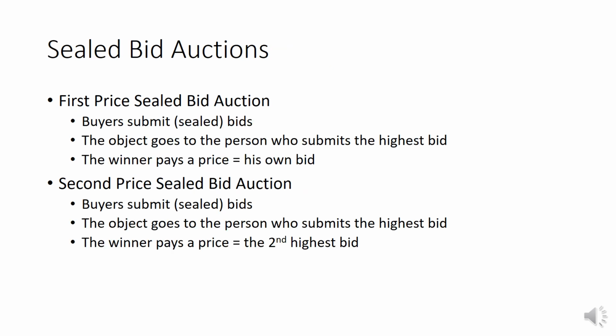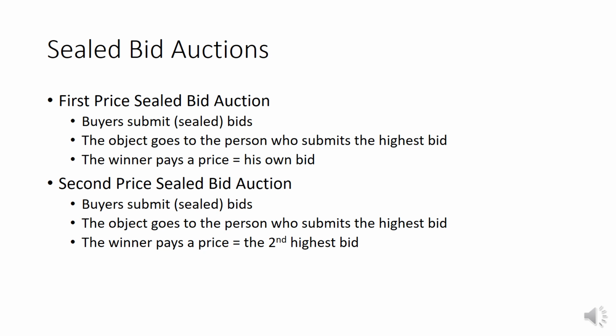All right. So we talked about these open outcry auctions. They can be price ascending, English oral, or they can be price descending, Dutch, reverse auctions. There's also a sealed bid auction. And remember, when we talk about sealed bid, we talk about them more in the sense of a simultaneous game, where all the players are making their decisions at the same time.